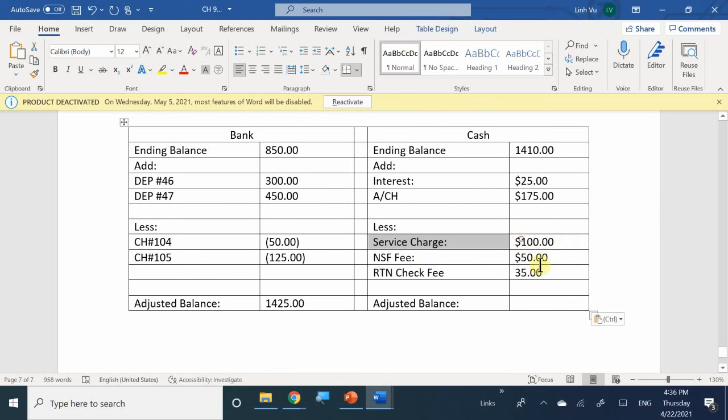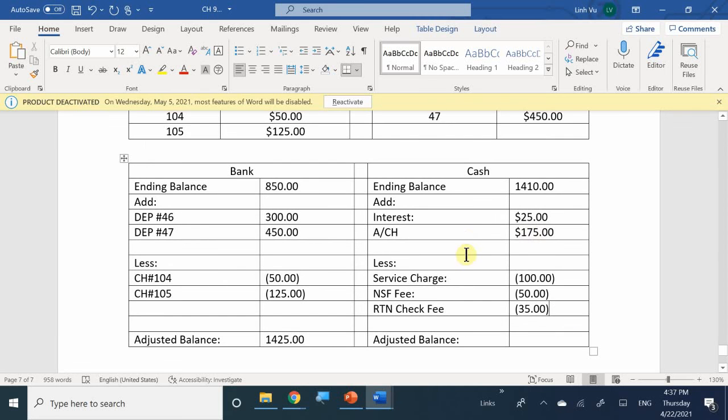I have to subtract $100 for my service charges, $50 for my NSF fee, and $35 for my return check. So therefore, not 500, 185.